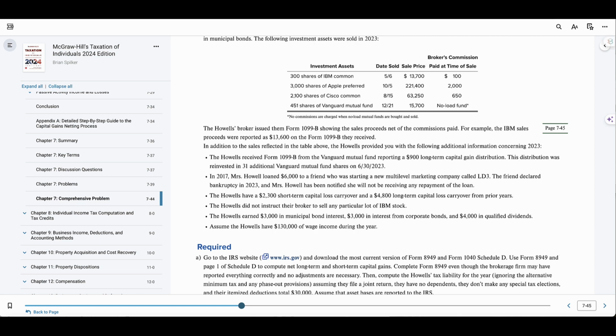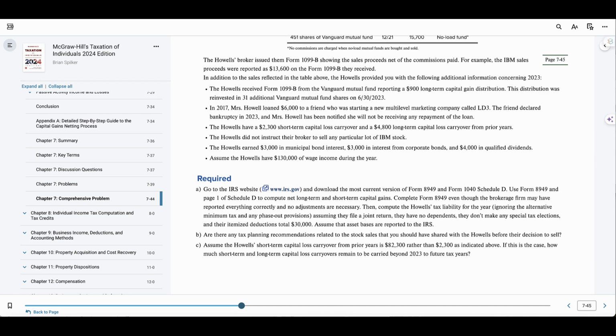The Howells received Form 1099-B from the Vanguard Mutual Fund reporting a $900 long-term capital gain distribution. That distribution was reinvested in 31 additional Vanguard Mutual Fund shares on June 30th, 2023.